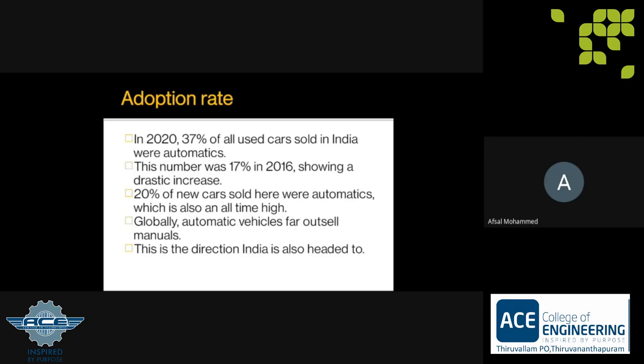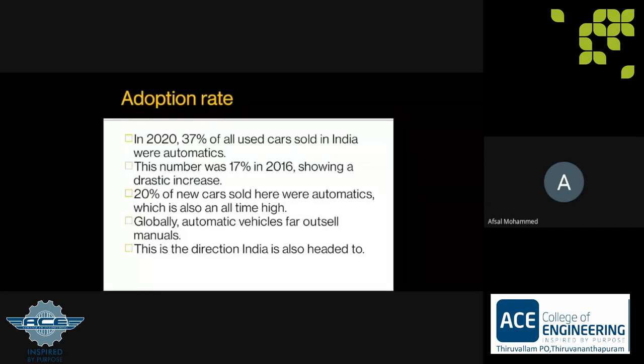20% of new cars sold in India were automatics last year, and the number of people using manual transmission is going down. And these are basically the numbers seen in India, whereas on a global scale, the ratio is much different. More than half the cars sold in other countries are automatics.